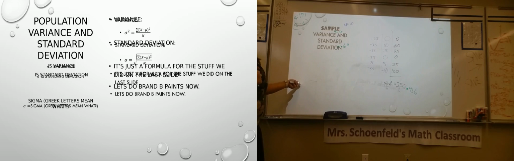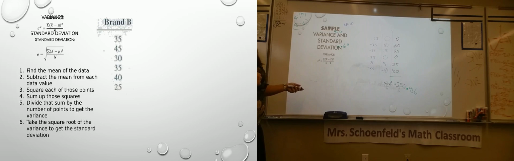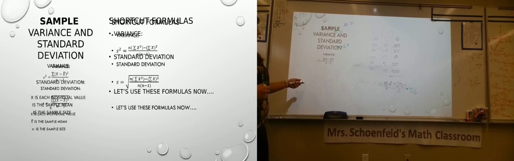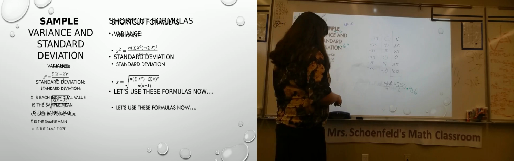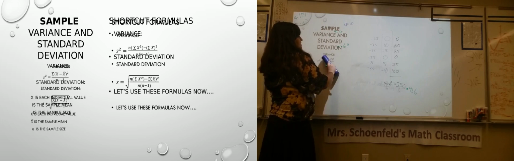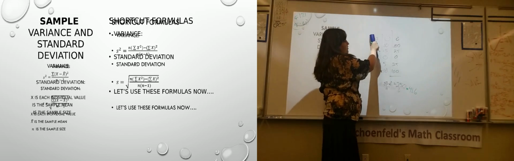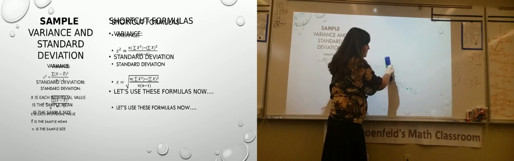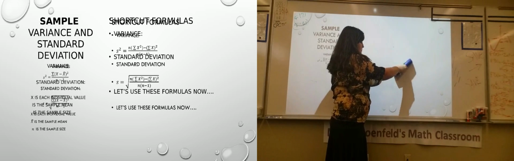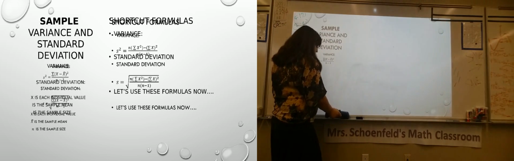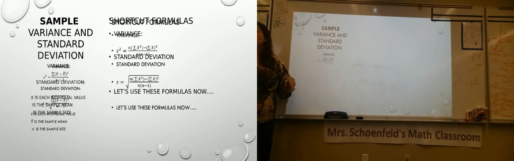Okay, sample standard deviation is a little bit different than what we just did, because we just did it treating these 6 brands of paint as all the paint in the world, which it wasn't, because that was only 6 cans of paint.